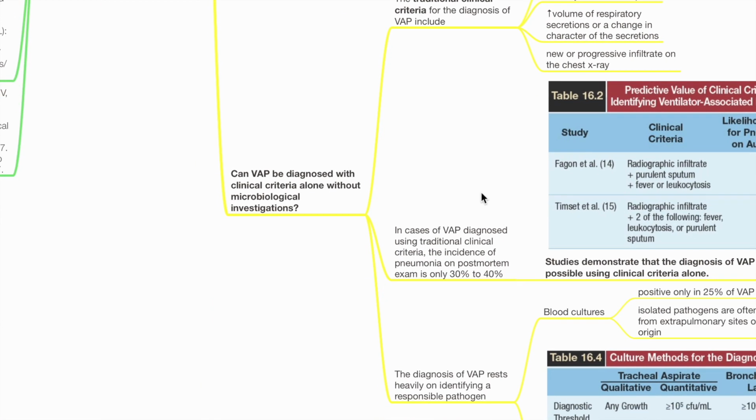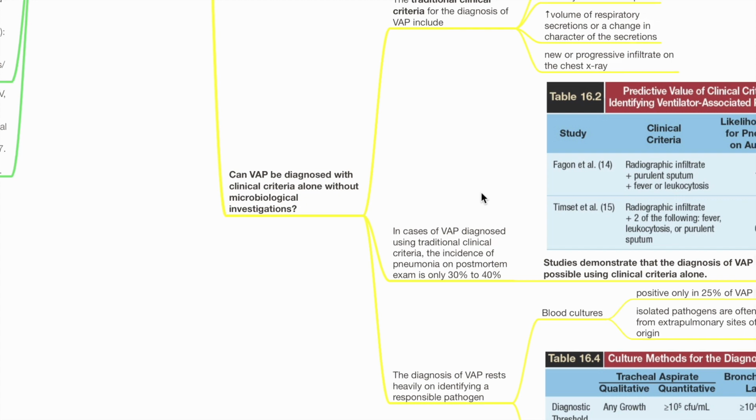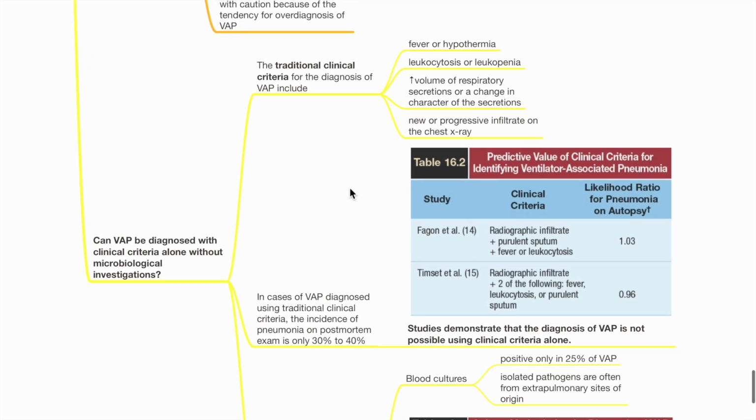Can VAP be diagnosed with clinical criteria alone without microbiological investigations? Traditional clinical criteria to diagnose VAP include fever or hypothermia, leukocytosis or leukopenia, increased volume of respiratory secretions or a change in character of the secretions, and new or progressive infiltrate on chest X-ray.